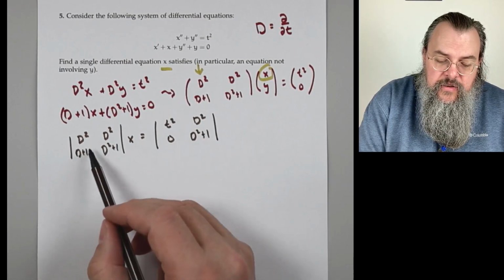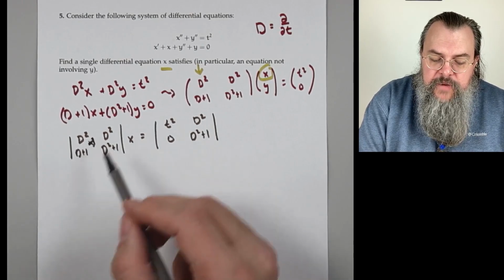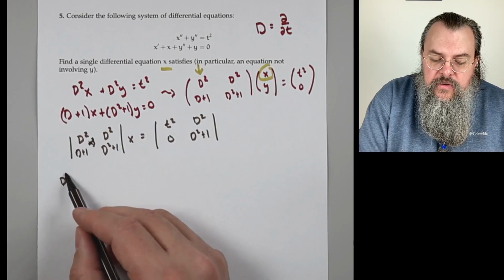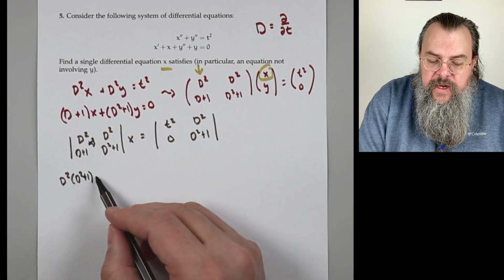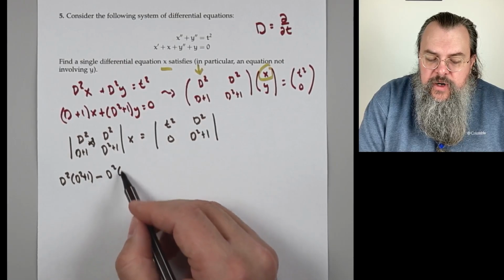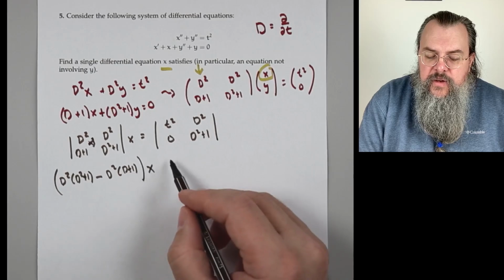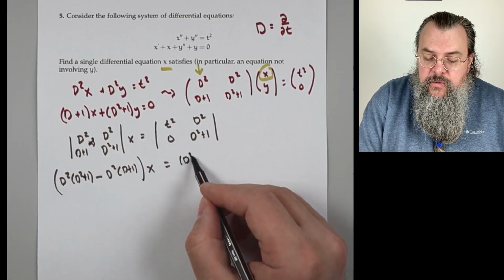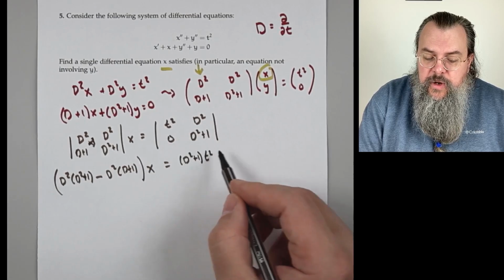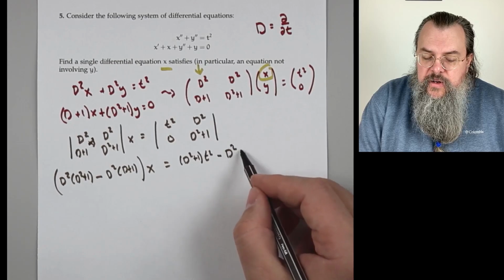All right, so we take our determinant in here, which means we have our diagonals: d squared times d squared plus 1, subtract d squared times d plus 1, x is equal to, over here, d squared plus 1 times t squared, subtract d squared times 0.